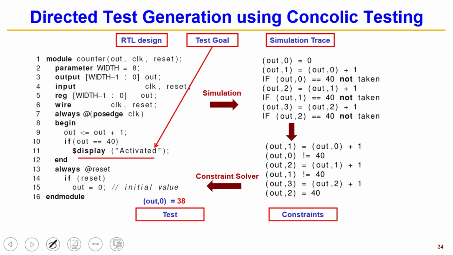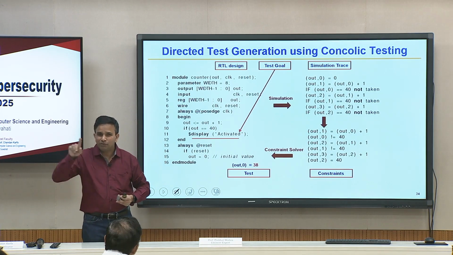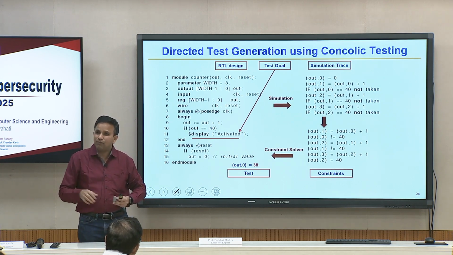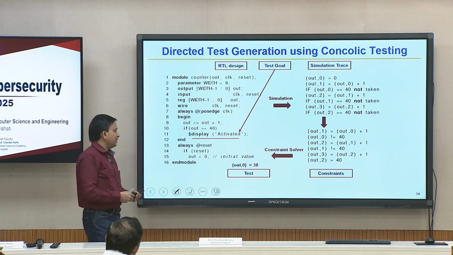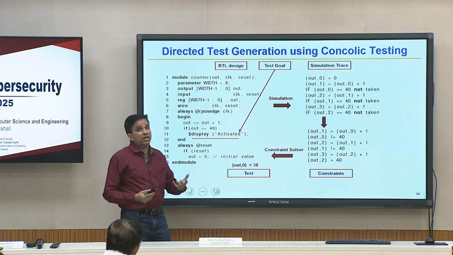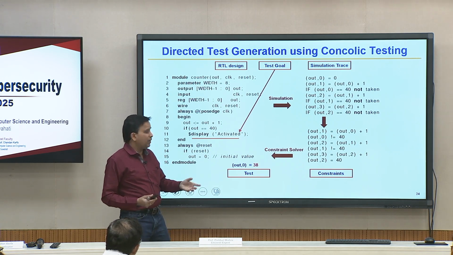For every statement that is there, instrumentation will insert a display command: I am here, I am here, I am here, exactly the way we debug, I am here 1, I am here 2. You manually know here 1 means I entered the first for loop, here 2 means I entered the second for loop, and you instrument that. If you instrument the design, you do not change the functionality, because those are display commands or printf commands.